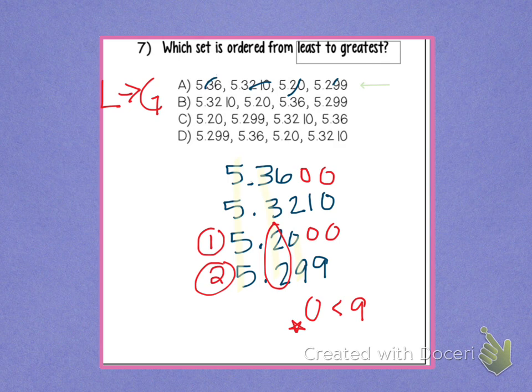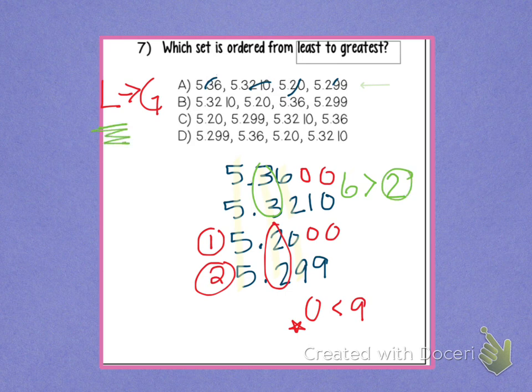So I'm done with those two numbers. Now I go back to these 3s, right? They were both 3s, so then I need to move on to the next two numbers, which is right here. I have a 6 and I have a 2. 6 is greater than 2, so this is the next number, right? Because we're working least.